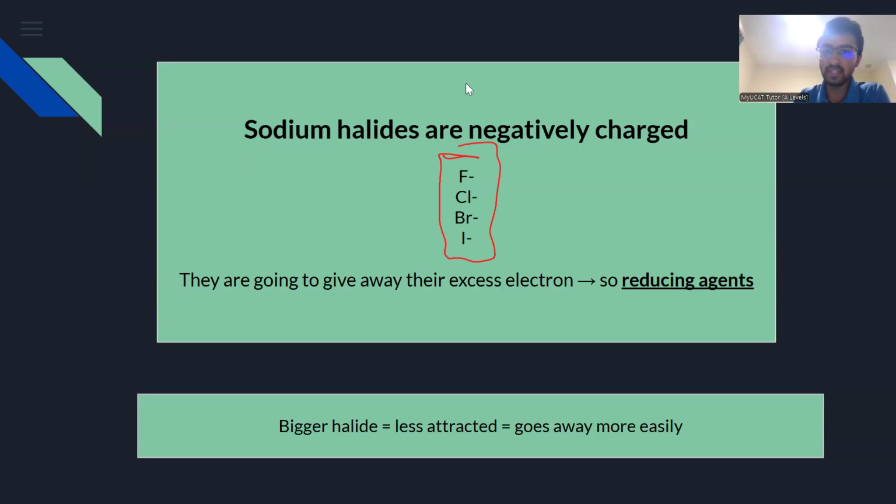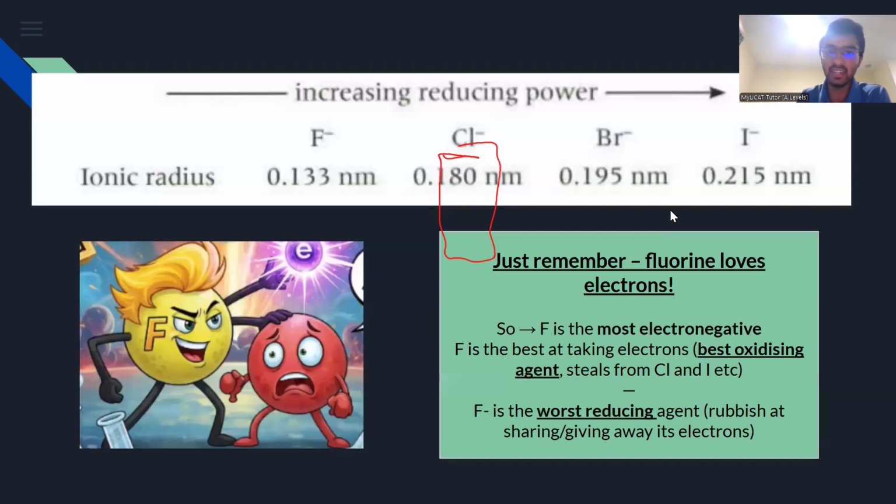For the exact same reason as we talked about with the electronegativity trend. As we get bigger, the outermost electrons are going to be less attracted by the nuclear charge because they are further away and because there are more shells of inner electrons that are shielding or giving electron-electron repulsion. So for the sodium halides, the ones that are best at giving away electrons, the ones that have the best reducing power, are going to be at the bottom of the group.